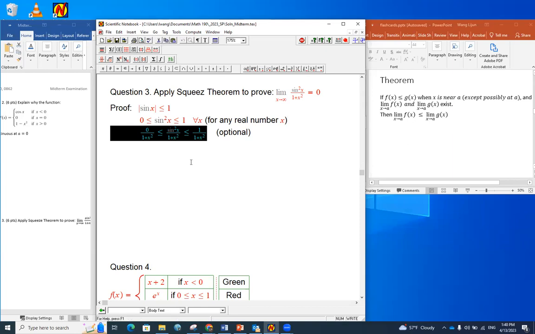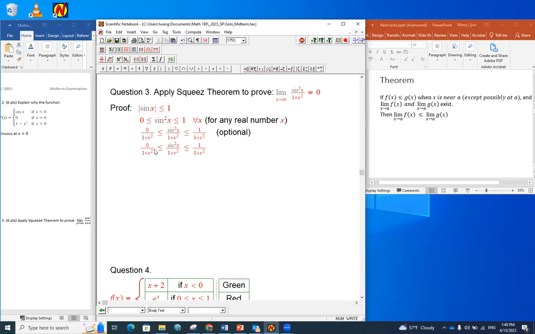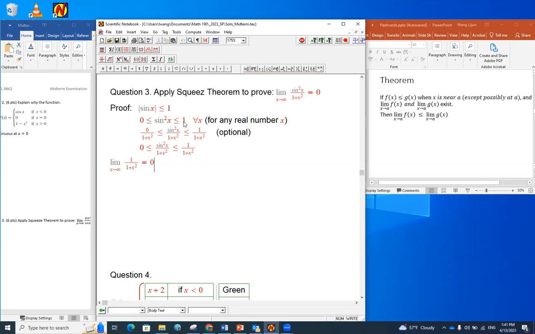You can just show the next step directly, because 0 divided by a positive number is 0. The limit of 0 as x approaches infinity is 0. Then you take the limit of 1 over x squared, and that limit is 0. And the limit of 0 is 0.